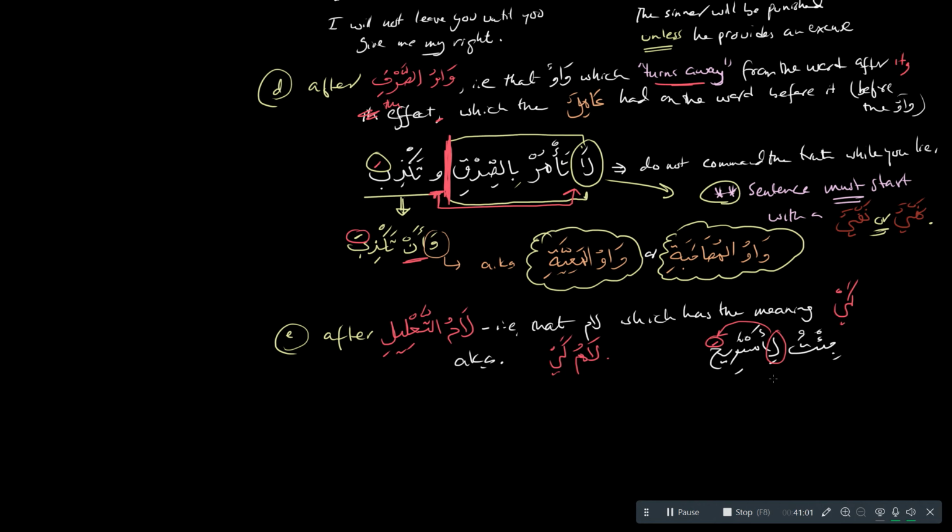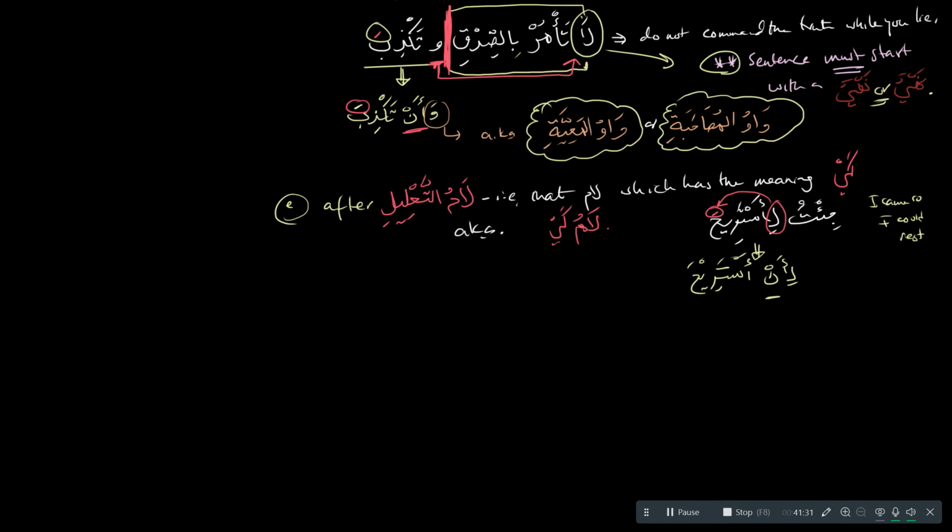What this is really saying is "li an astariha," so that's a hidden "an" in there. I came so I could rest, right? Alright, we got this one. This is lam ta'lil, also known as lam kay. I like that one. So E, and then there's F.